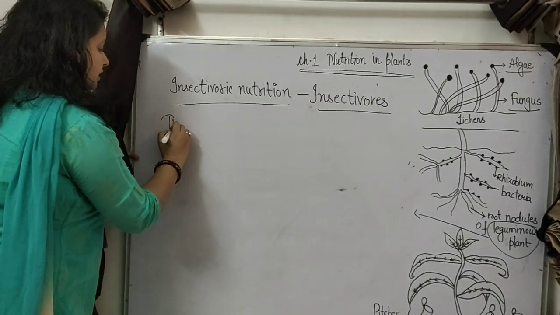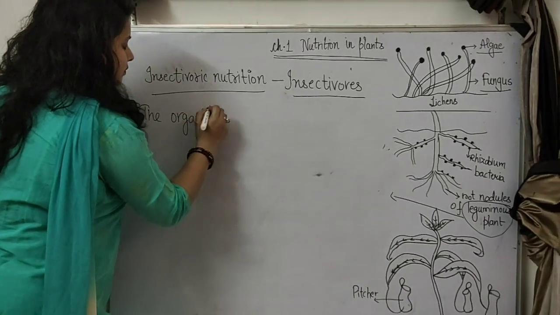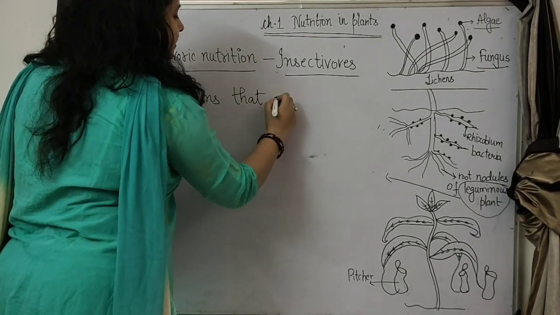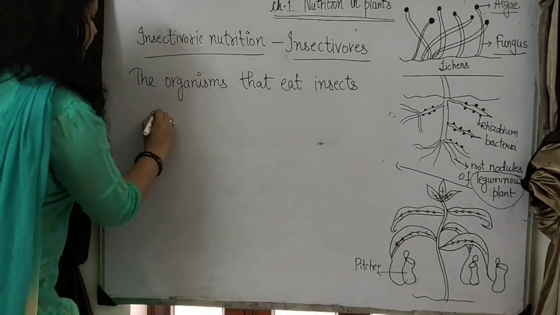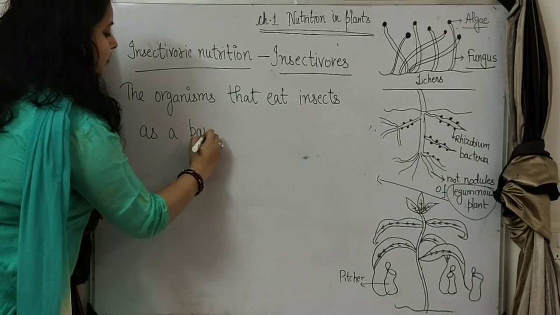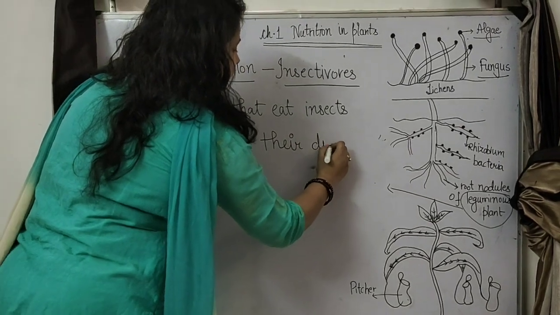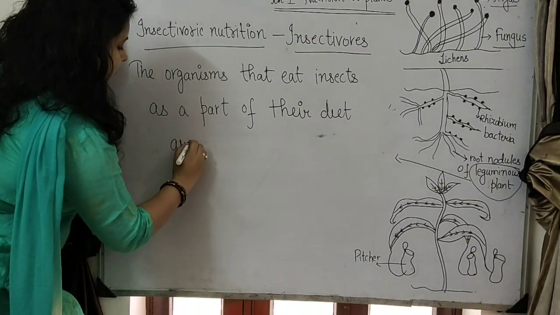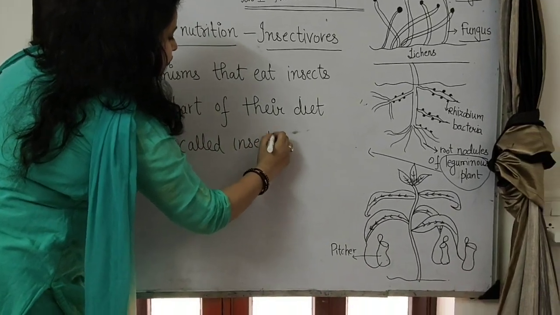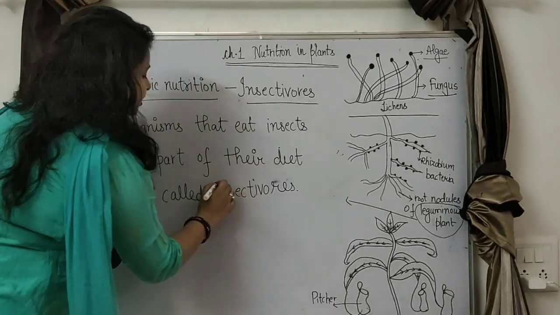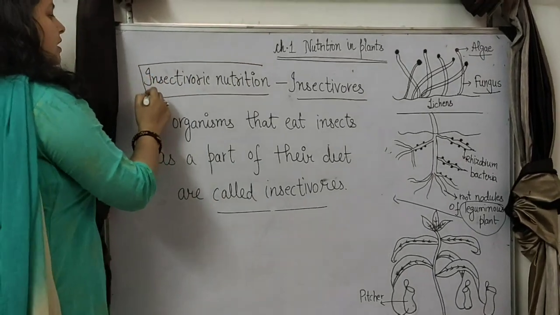Insectivores are the organisms that eat insects as a part of their diet. They are called what? Insectivores.